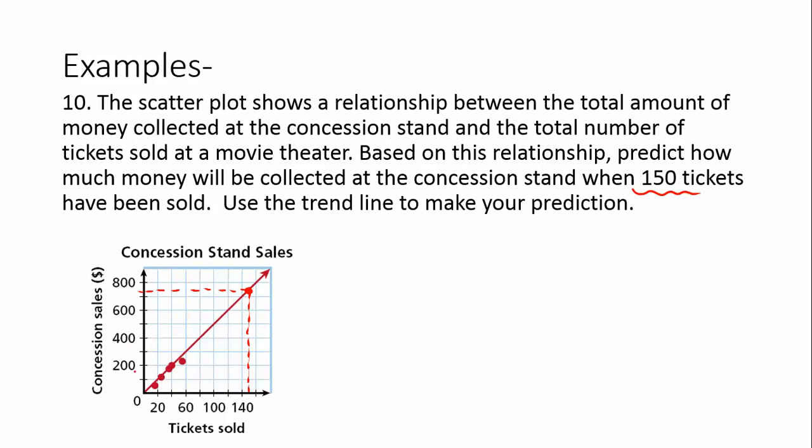And so if this goes 2, 3, 4, 5, 6, 7, we're at about $750. So something close to that for your prediction, about $750 would be made in concession stand sales if 150 tickets are sold.